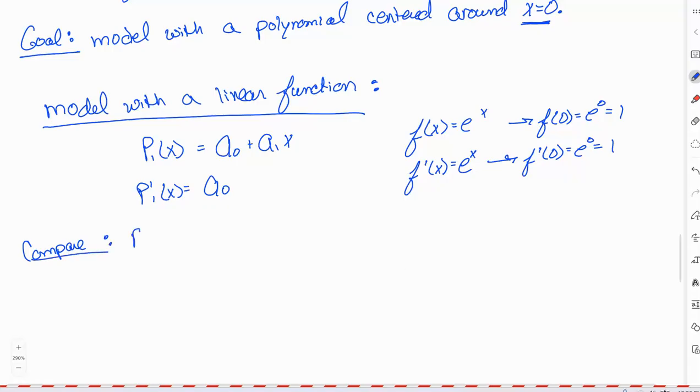So we want p1 of x to equal f of x. And we're really interested in what's happening at 0, so I'm replacing that x with 0 because I'm centering this at 0. That's why I chose 0. And we want the derivative of p1 of x to equal f prime of x. So we're replacing that x with 0 because we're centered at 0.